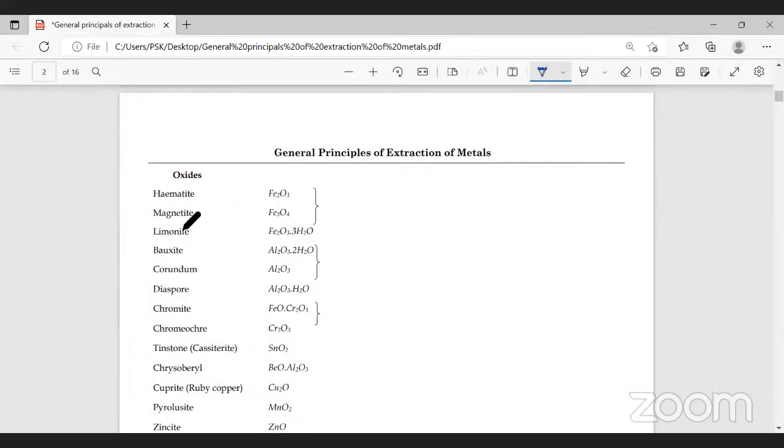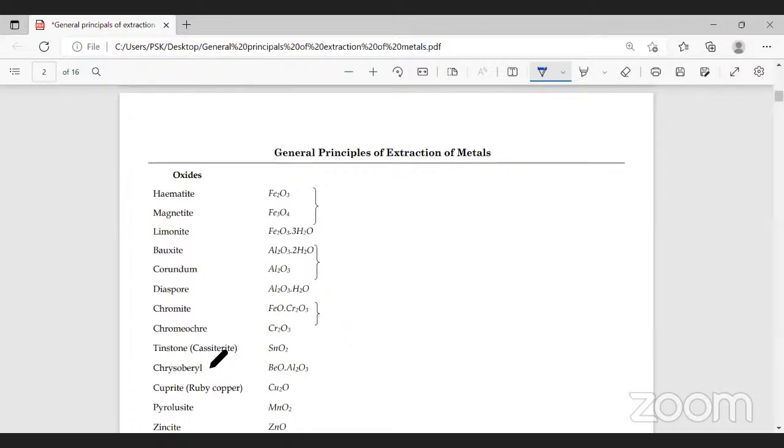Magnetite is Fe3O4, an oxide ore. Limonite is Fe2O3.3H2O, also an ore of iron. Bauxite is Al2O3.2H2O. Corundum is Al2O3. Diaspore is Al2O3.H2O. Chromite is FeO.Cr2O3. All these are examples.